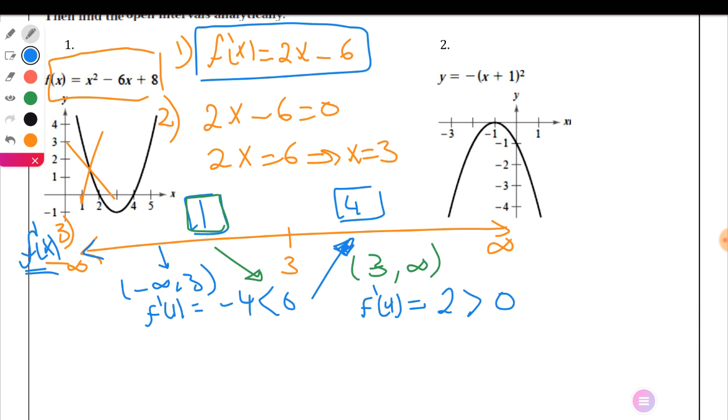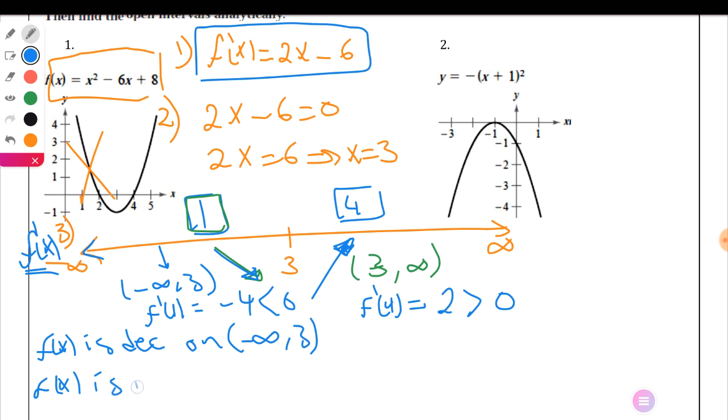In this case, I will write the intervals. f(x) is decreasing on negative infinity to 3. f(x) is increasing on 3 to infinity. It's so trivial.